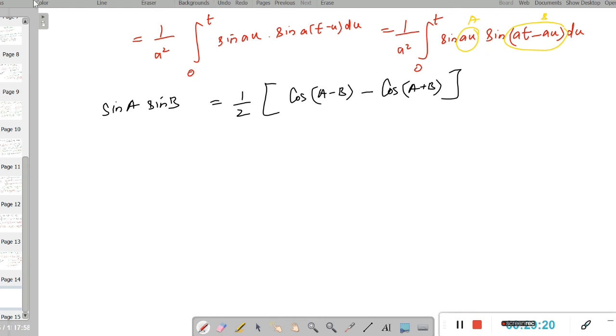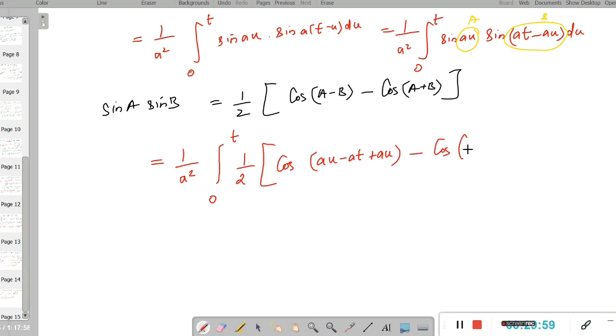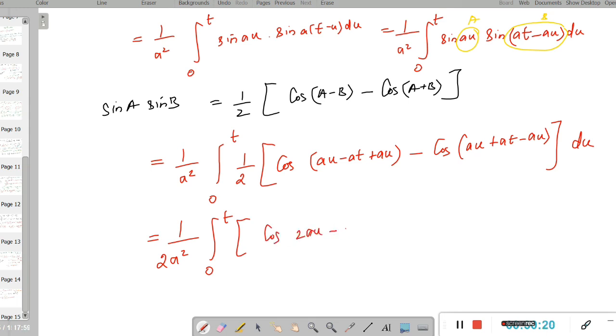So 1 by a square, integral 0 to t, 1 by 2, cos (au minus at plus au) minus cos (a plus b), right? a plus b is nothing but au plus at minus au, which is equal to 1 by 2a square, integral 0 to t, cos (2au minus at) minus cos at du.